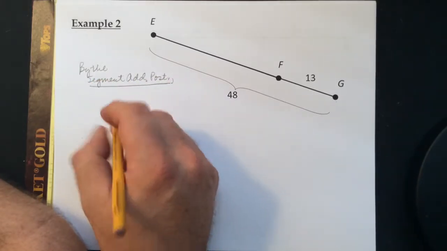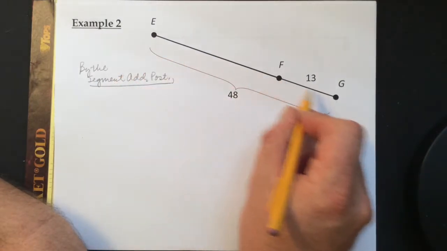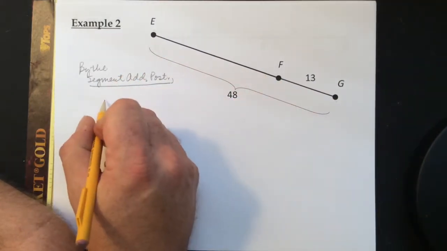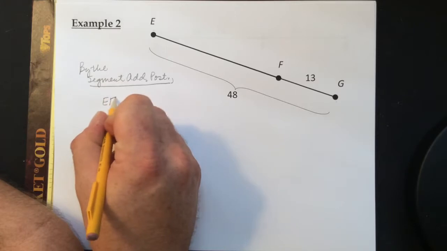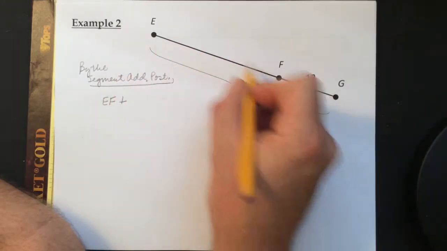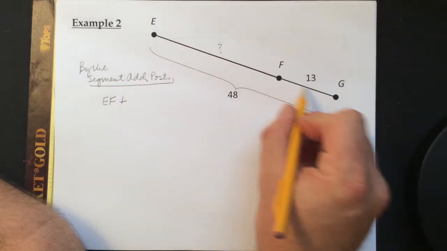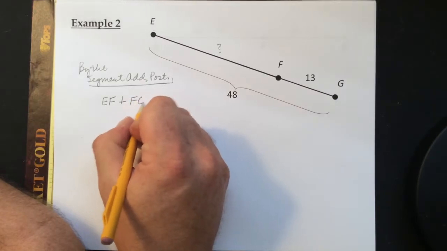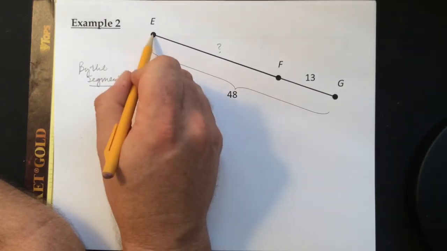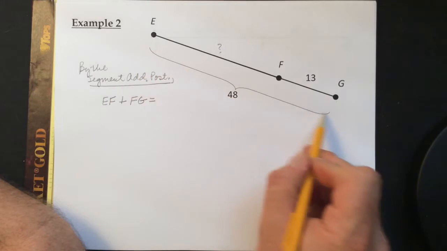The segment addition postulate says that we take each of the smaller segments and add them together. So the length of EF, which we don't know, plus the length of FG should equal the length of the entire segment EG.